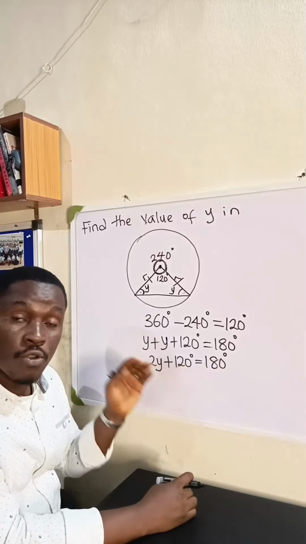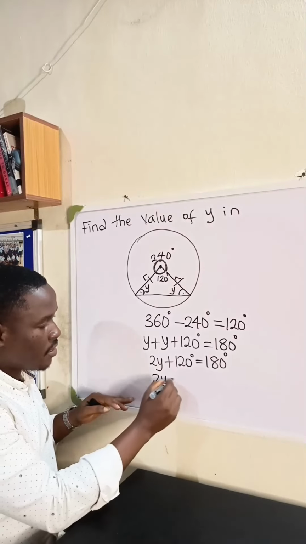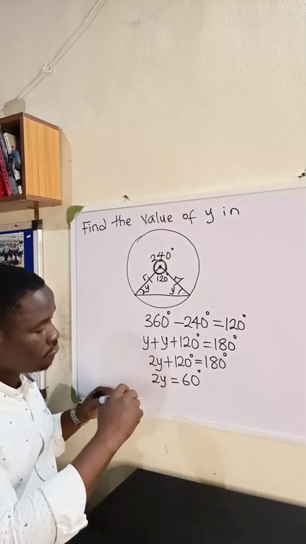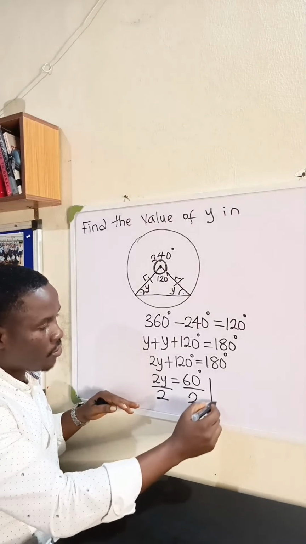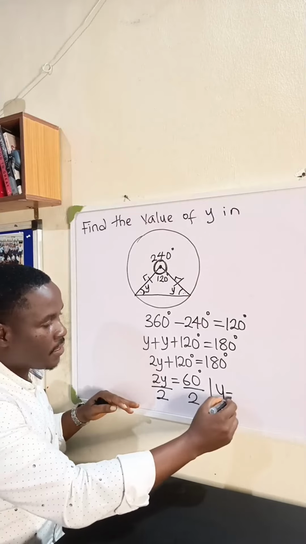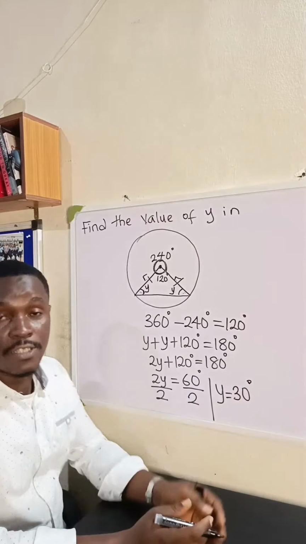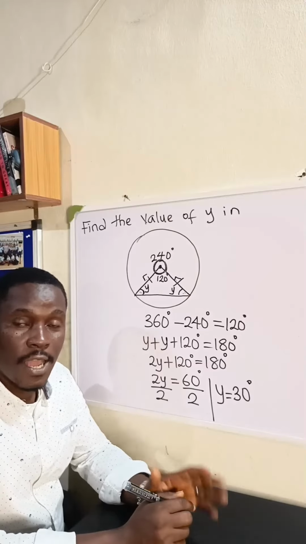So subtracting 120 degrees from both sides, we're going to have 2y is equal to 60 degrees. Correct? Okay. So dividing both sides by 2, this tells us that the angle y is equal to 30 degrees. Very simple. So this is the simple process of finding the missing angle.